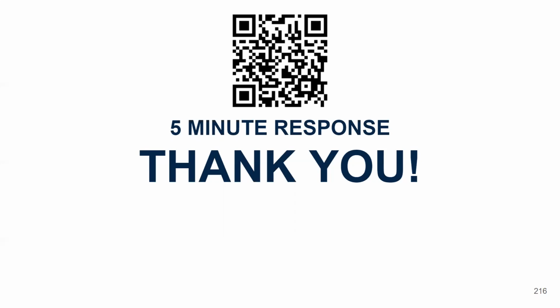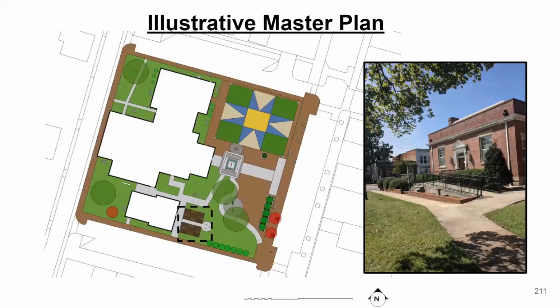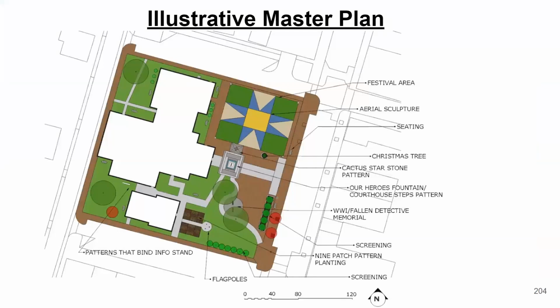Something real quick, Sam. Go back to your master plan. I felt like you could have almost, I don't know if it's something more to explore. Because you're playing with that whole pattern aspect so much, and so many different elements, I would have liked to maybe see something in concepts, playing with the whole site as a quilt itself, so that you have these quilt squares in each of these areas.